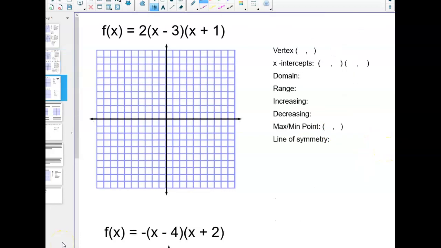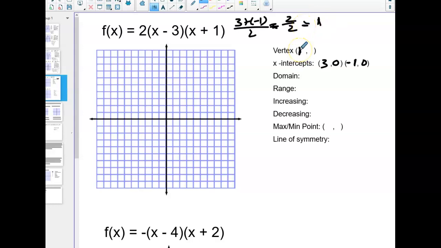So on this particular problem, in x-intercept form, I would find the x-intercepts first, then the vertex. So my x-intercepts are literally what make the parentheses equal to 0. 3 and negative 1. And then I'm going to take an average of my x-intercepts. And that is the x-coordinate of my vertex.